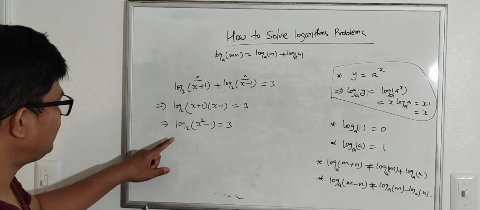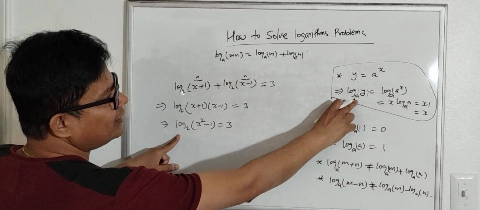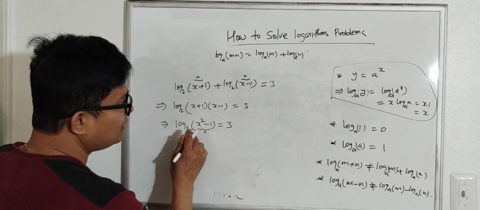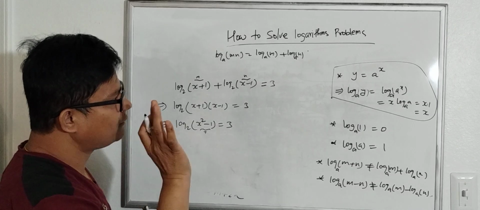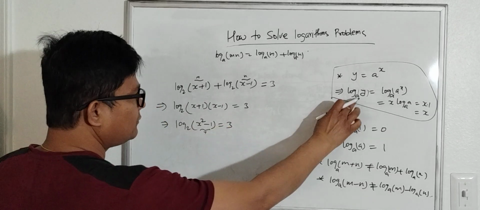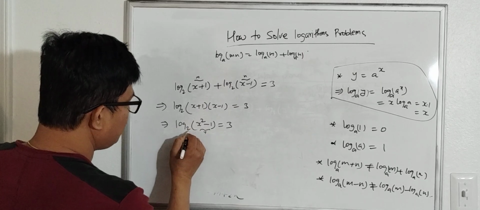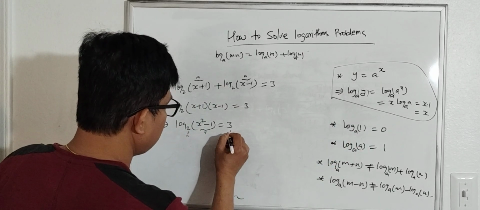Now, do you see some relation here? Log base a of y, let's call it y, equals x. You have to keep all the formulas in your brain. So here y is my number, x squared minus 1, my base is a, and this is x.